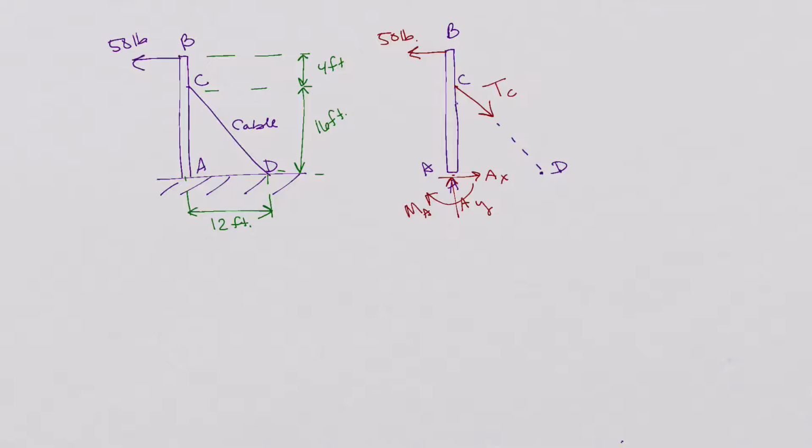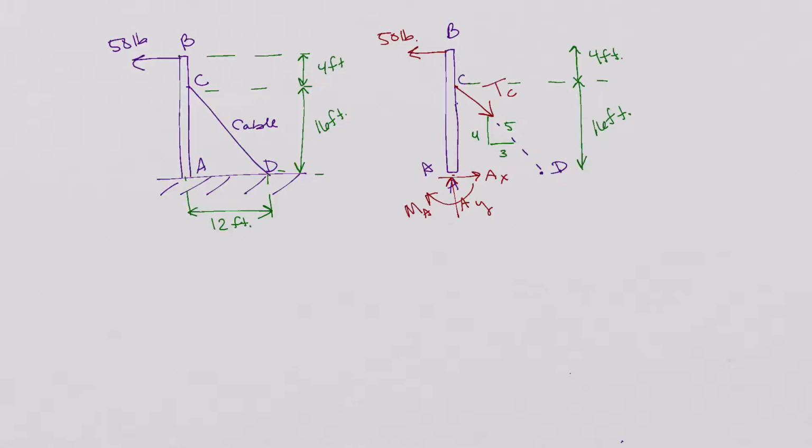So that's actually a 3, 4, 5 triangle. So I'm going to write that on here. Other dimensions we know: the height from A up to C is 16 feet. And then up to B is 4 feet.